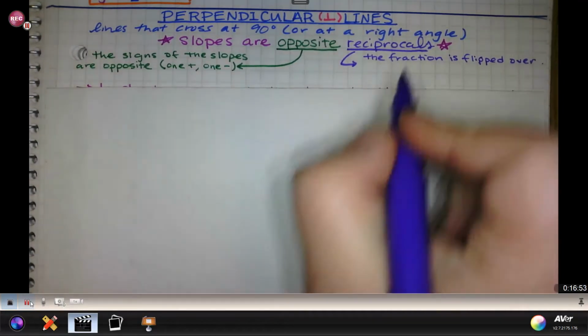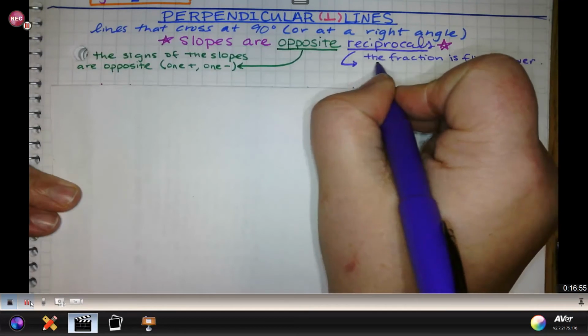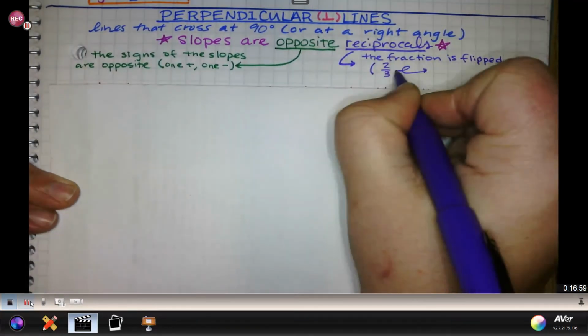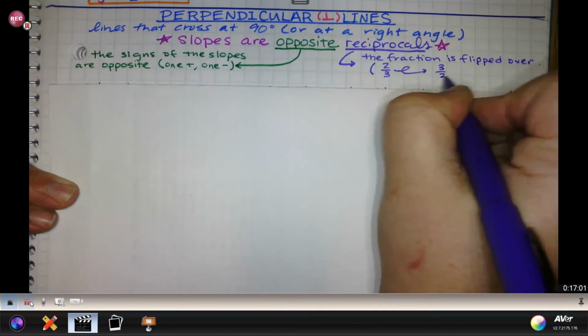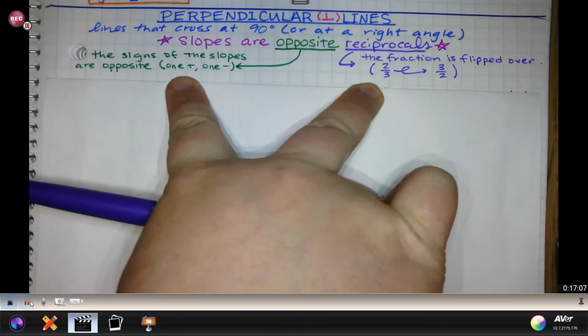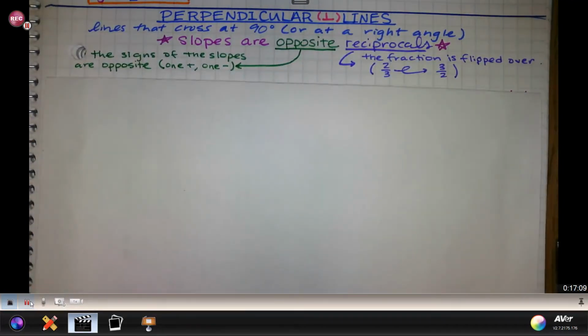Remember the hidden number. So that would be like taking 2/3 and changing it to be 3/2. So we started with 2 over 3 and it becomes 3 over 2. That's a reciprocal. So you do both of those things and you have the perpendicular slope.